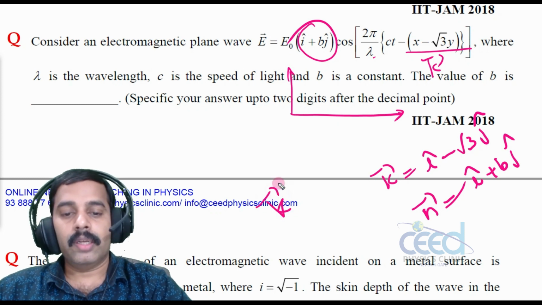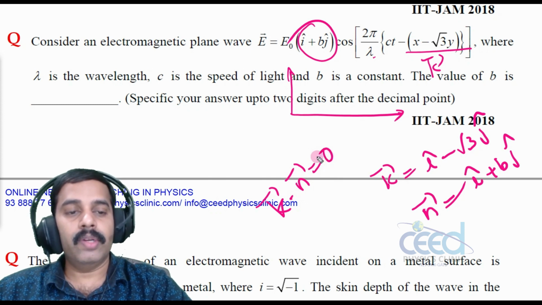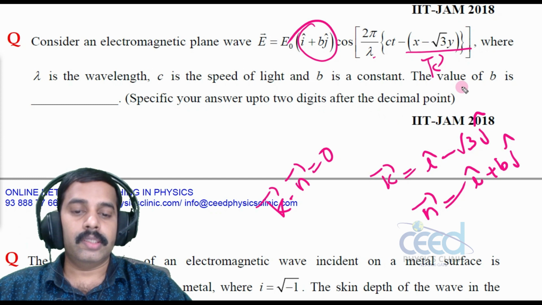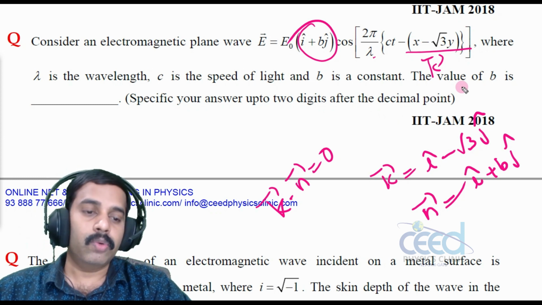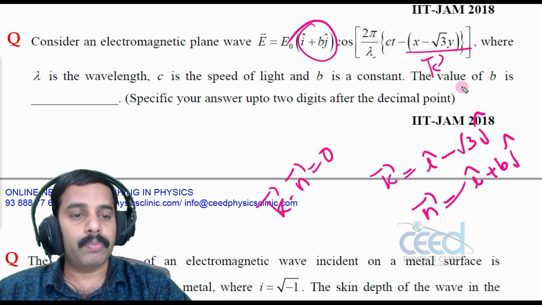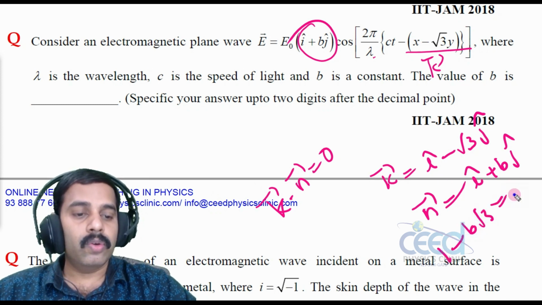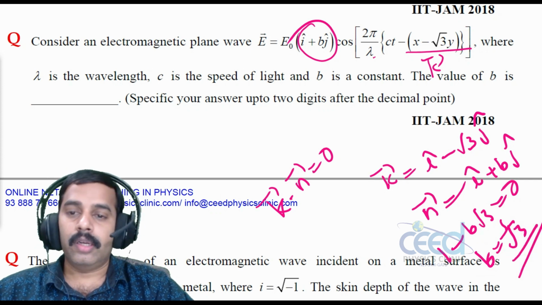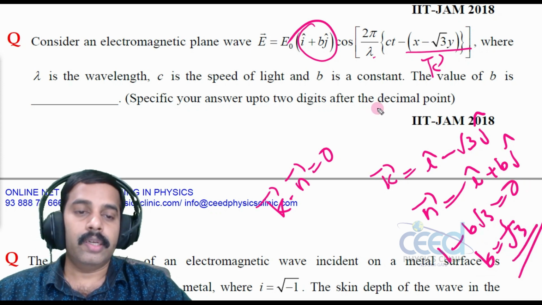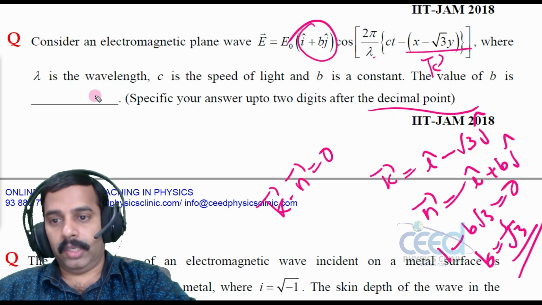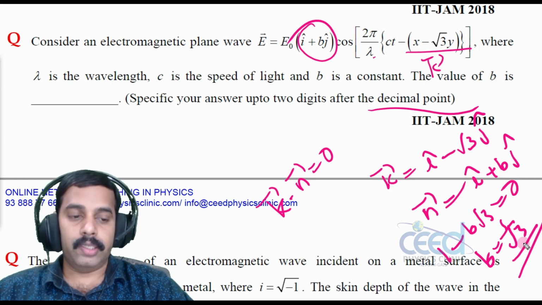So the condition should be k dot n should be 0 for an EM wave. The polarization direction in dot product with this wave vector should be equal to 0 because they are perpendicular to each other. So that is 1 minus b root 3 is equal to 0. That is b is equal to 1 by root 3. So 1 by root 3, that value you can write as the answer here, right? All right.